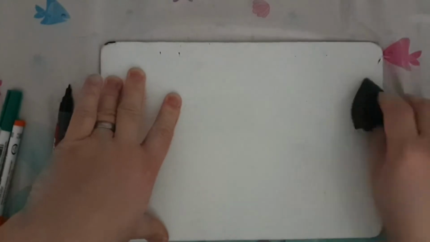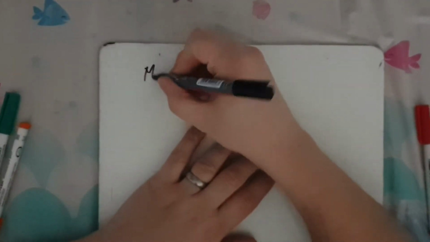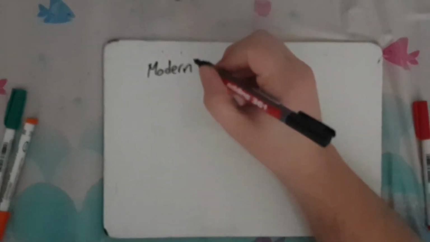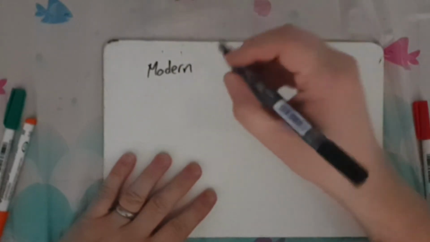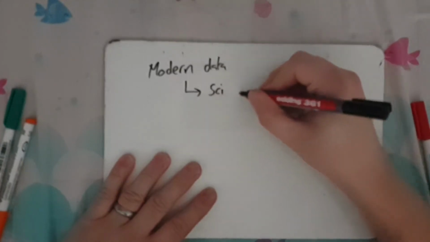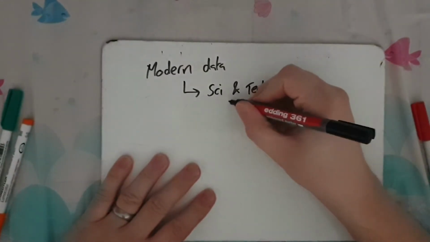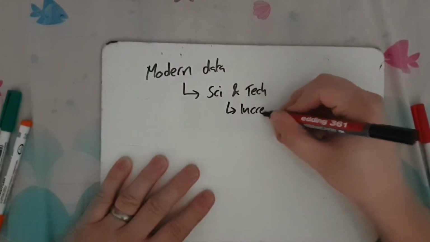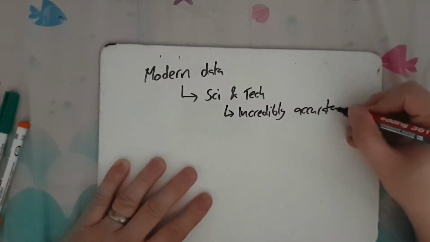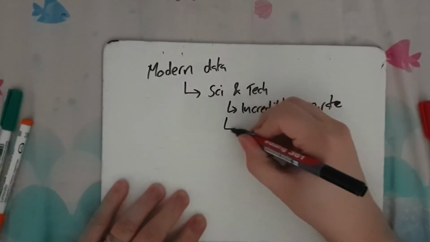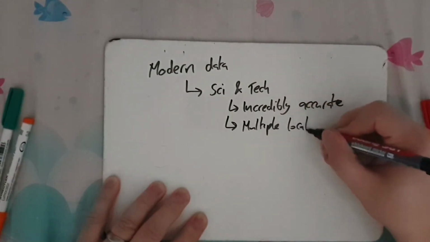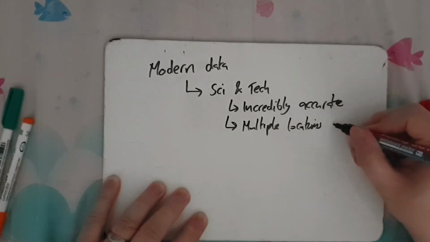The reason why that's an issue is that if we look at modern data, the sort of stuff we're recording now, or over the last 50, 60, 70 years or so, because of advances in science and technology, it is incredibly accurate, but also it's in multiple locations across the globe.